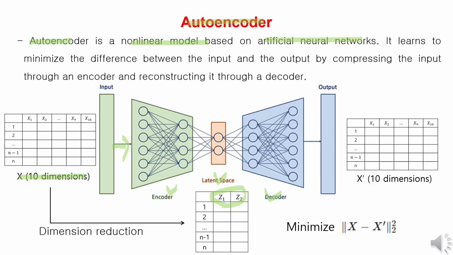Then, the decoder uses the information in this latent space to reconstruct the data back to its original dimensions. During training, the model minimizes the difference between the input and output, effectively compressing the important features, which is how dimensionality reduction is achieved.